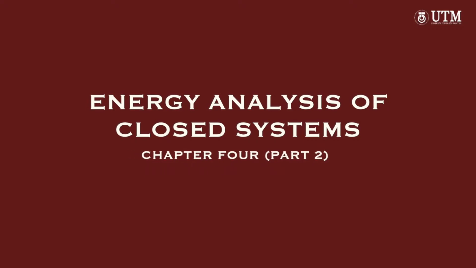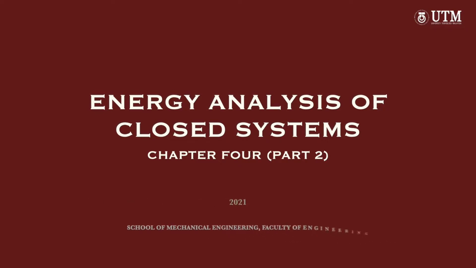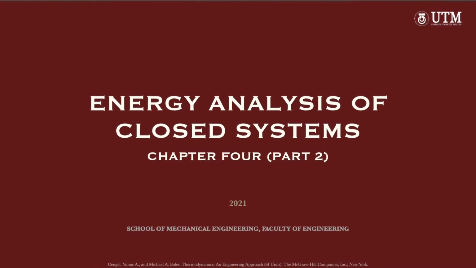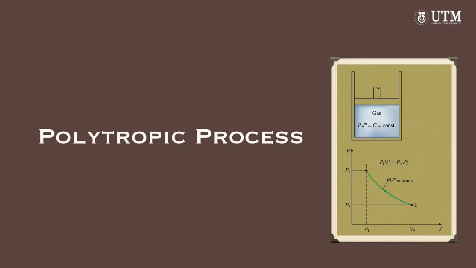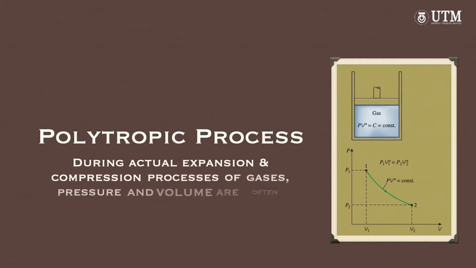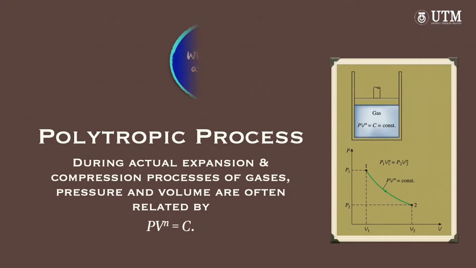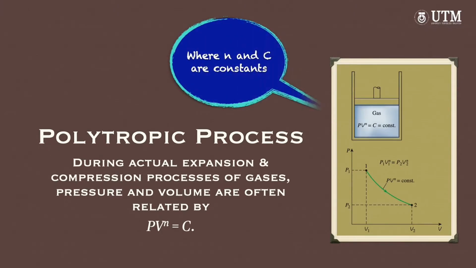Hi, in this video, we will still learn about boundary work, but focus on a polytropic process. During actual expansion and compression processes of gases, pressure and volume are often related by PV^n = C, where n and C are constants.